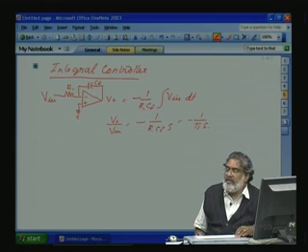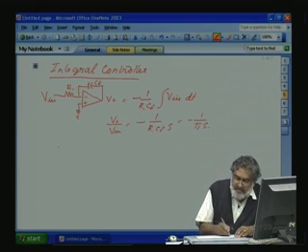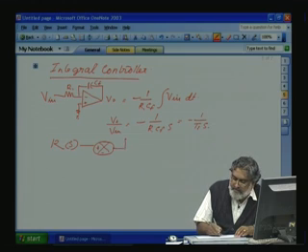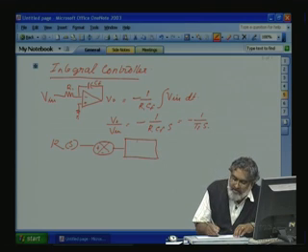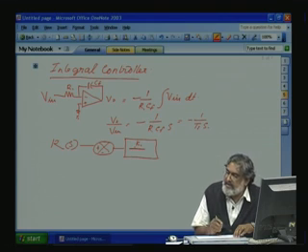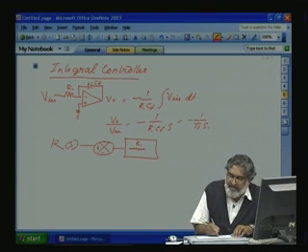Okay. So, if we use an integral controller, let us take again a first order plant. So, integral with a gain we can put it. So, K1 by S. This K1 is equal to 1 by Ti here.